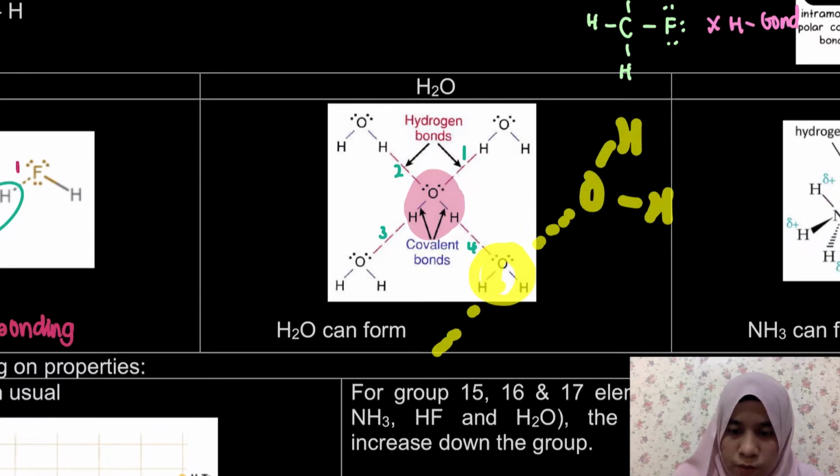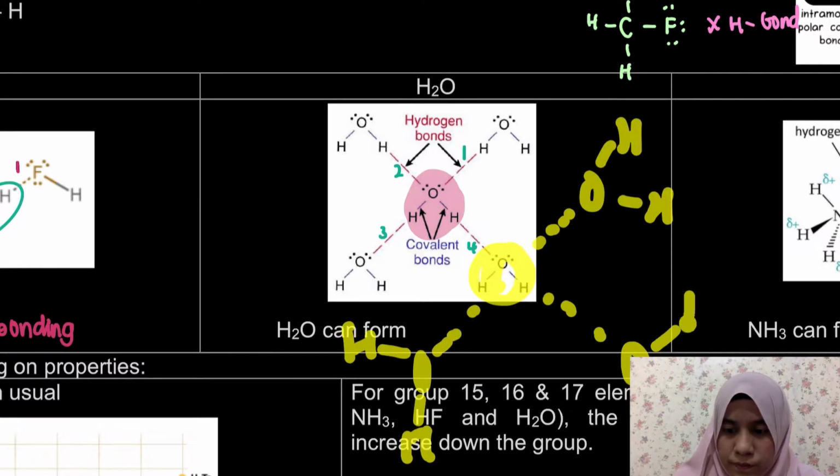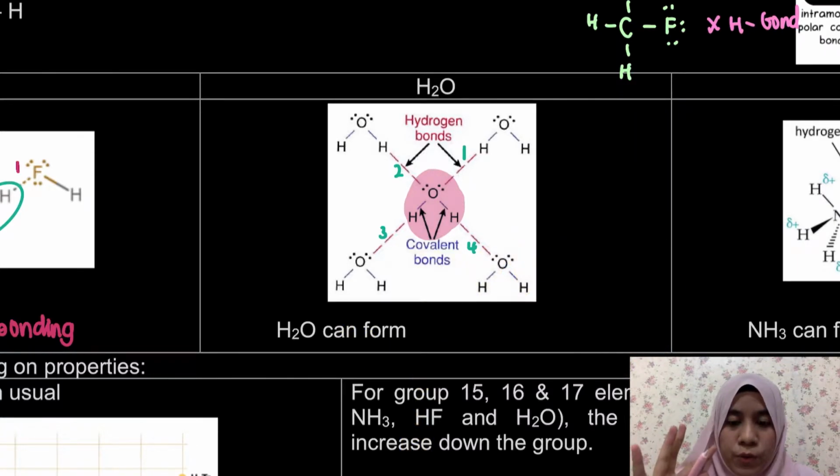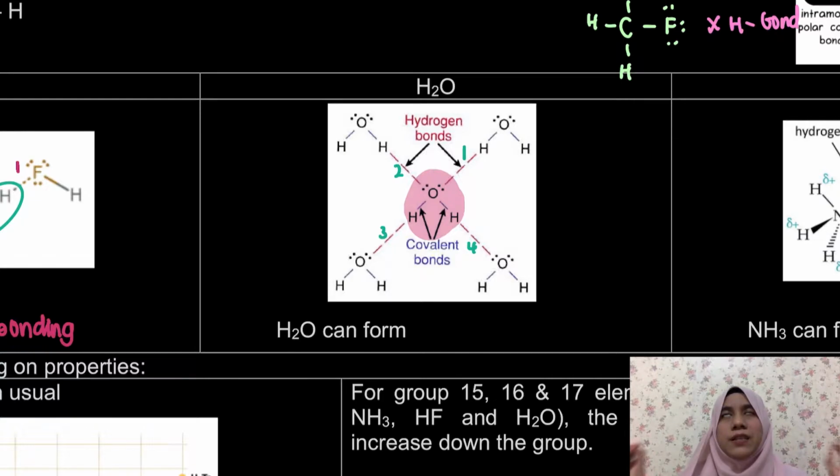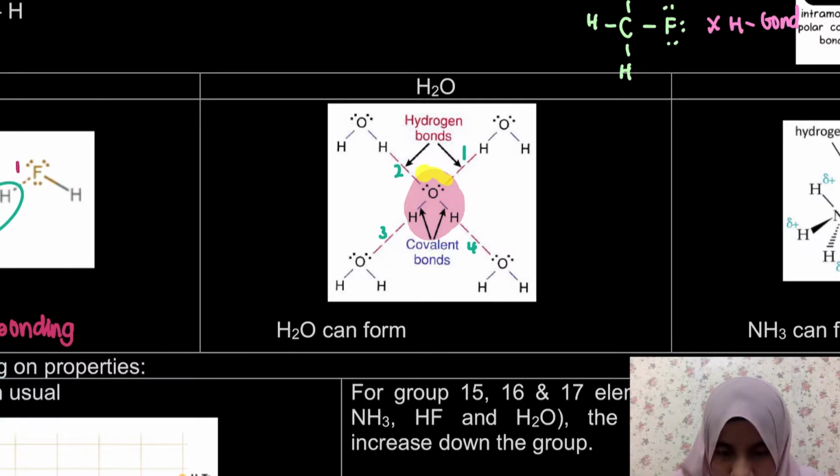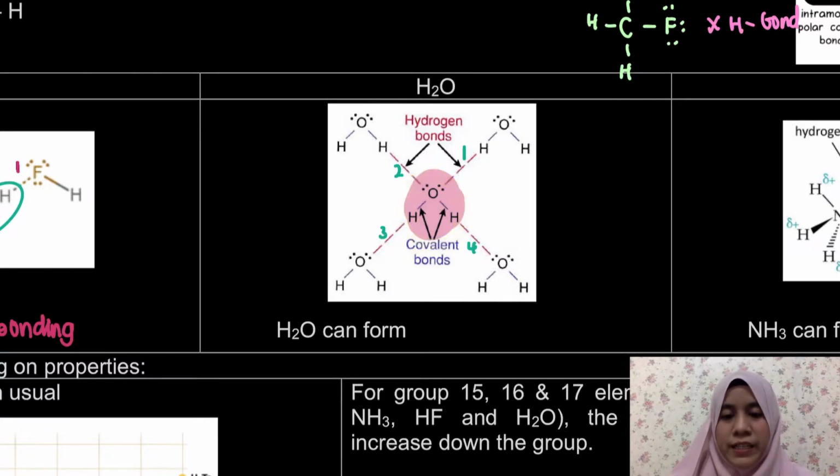This is 1, 2, and there are more. I'm just showing it so that it is clear to you that each water molecule can form 4 hydrogen bonds. So H2O can form 4 hydrogen bonds.